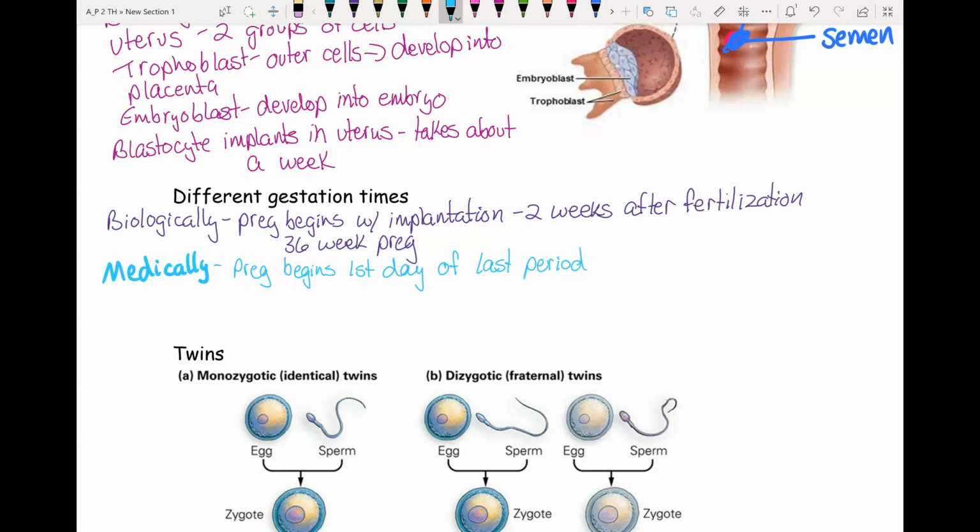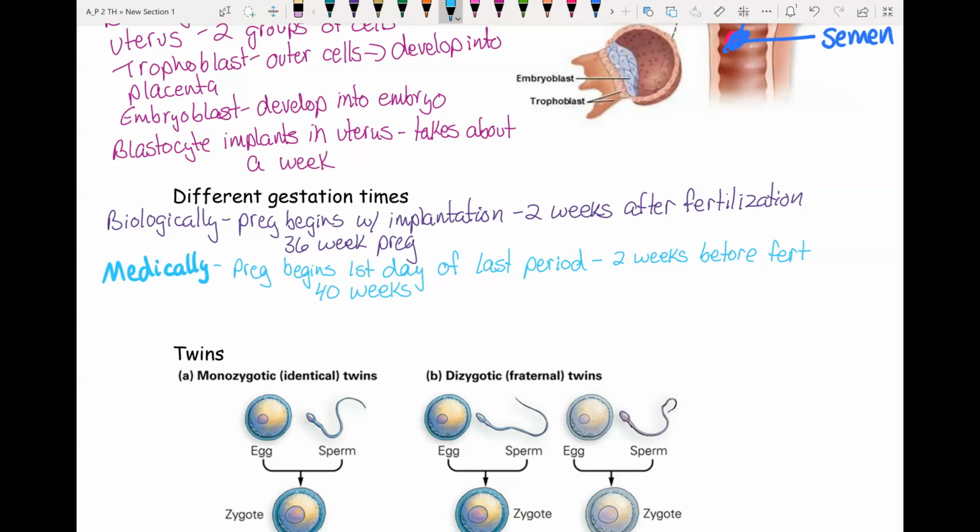So doctors actually start counting the pregnancy 2 weeks before fertilization even occurs. So if you use this count, pregnancy is 40 weeks.